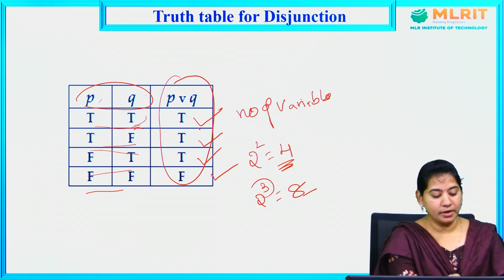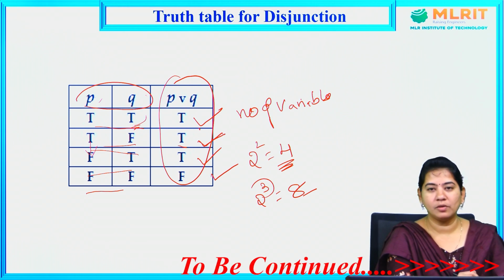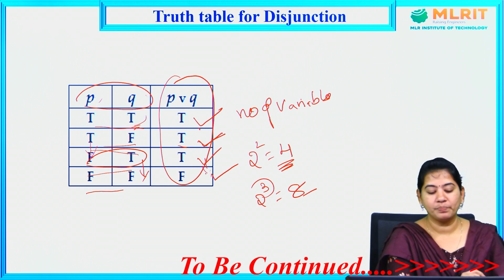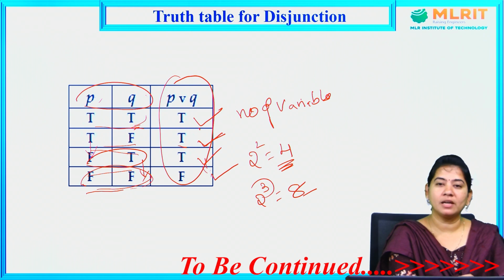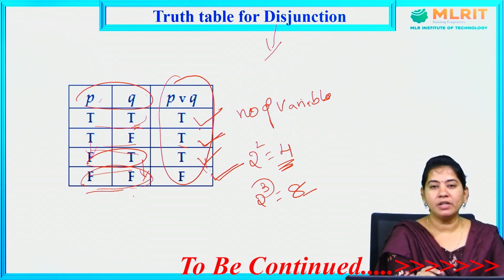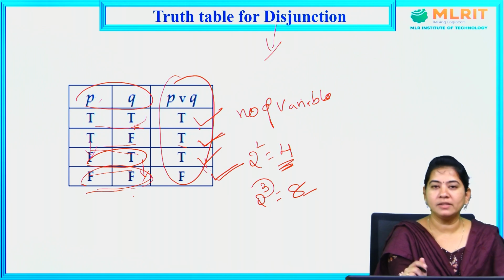In the second row, P statement is true, so the resultant truth value becomes true. In the third row, Q statement is true and the resultant truth value also becomes true. And in the last row, as both the statements are false and we don't have any true statement, the resultant truth value will become false. So this is what a disjunction is. Even if one statement is true, the resultant truth value will become true. Otherwise, it is false.